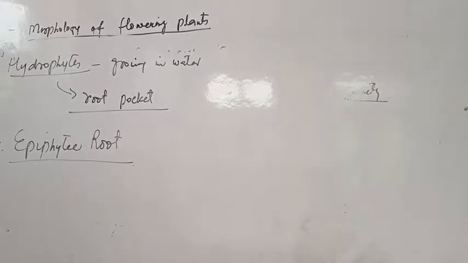They grow on other plants for space, and that is why they are called space parasites. They grow on other plants to receive sunlight. Also we have another category of roots, which are called parasitic roots.